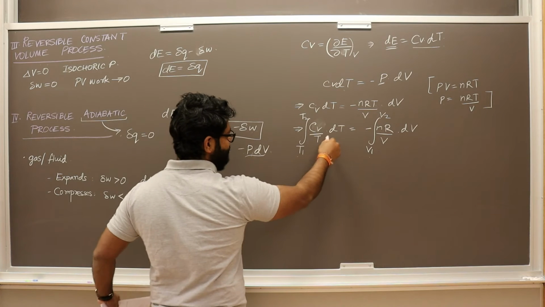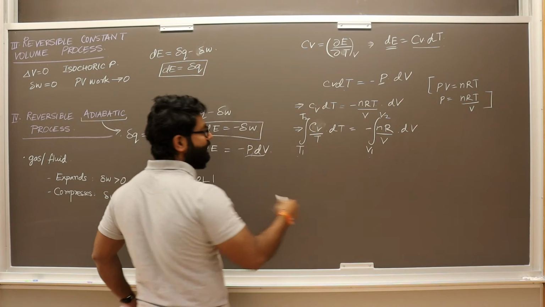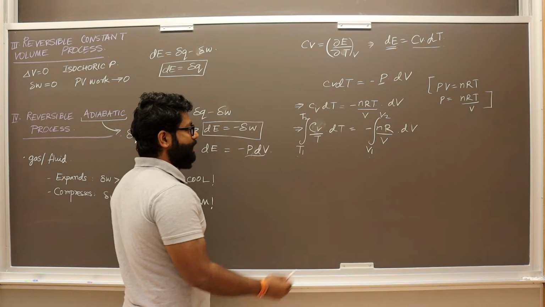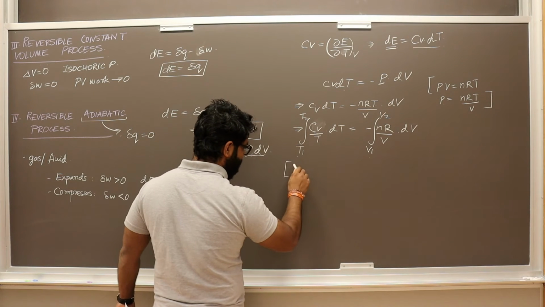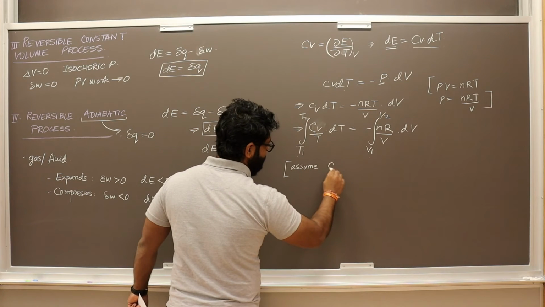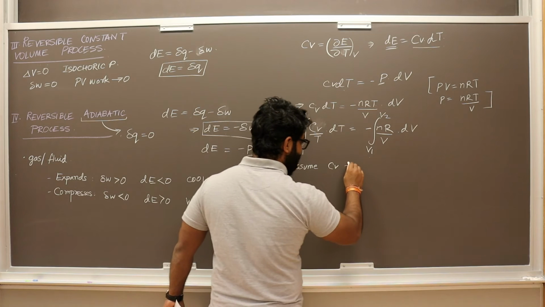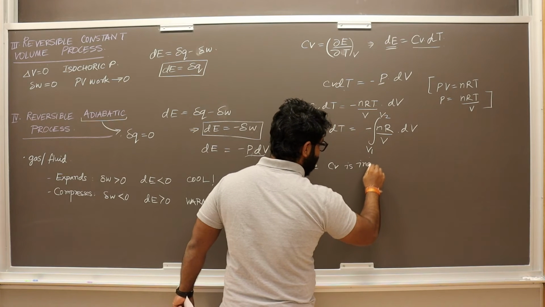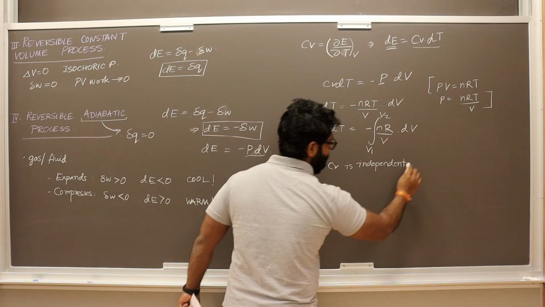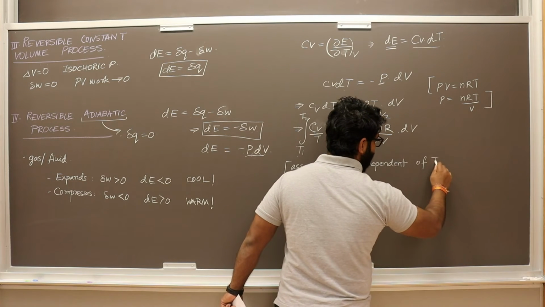Now what this becomes is dT, so Cv is a constant. Now let's assume that Cv is independent of temperature, okay? So I assume Cv is independent of temperature.